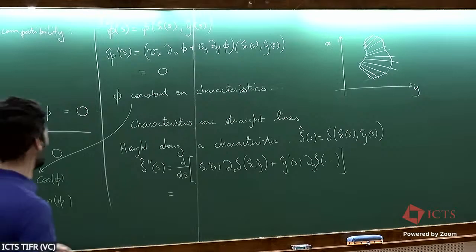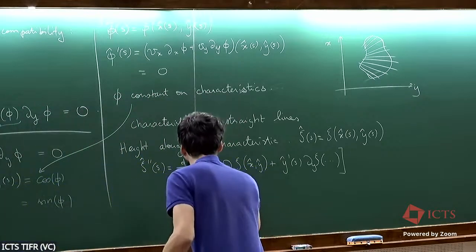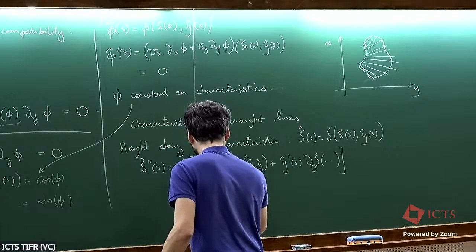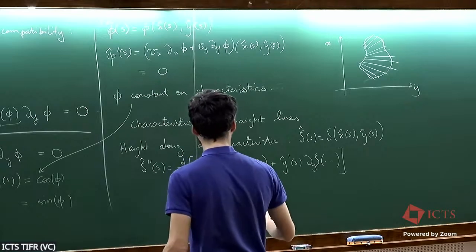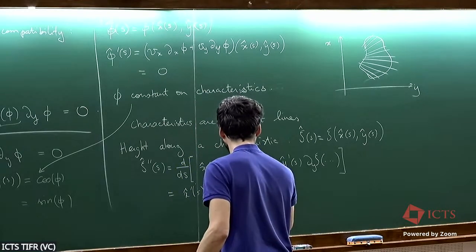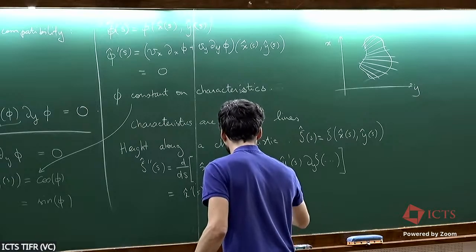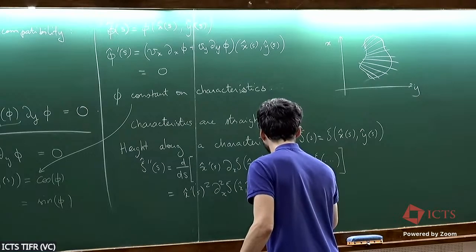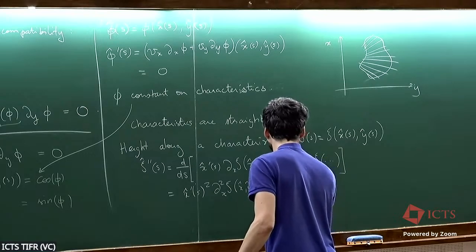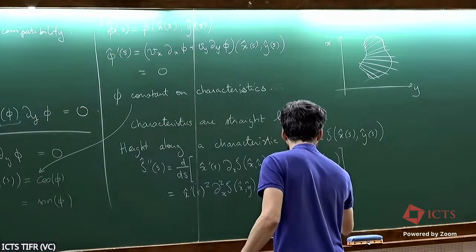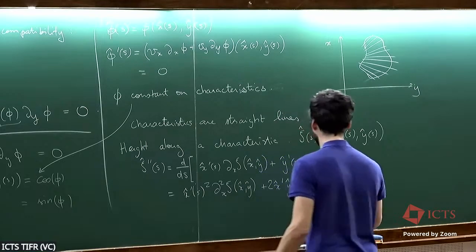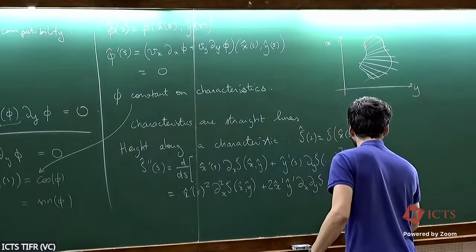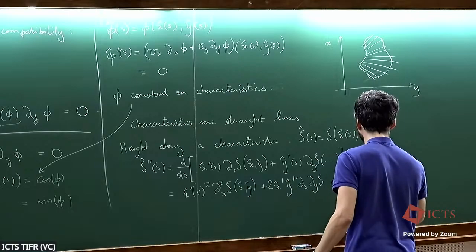So we end up just with x at prime s square dx square zeta plus x at prime y at prime, and there are two factors like this, dx dy zeta, so this is the cross term, plus y at prime square dy square zeta.